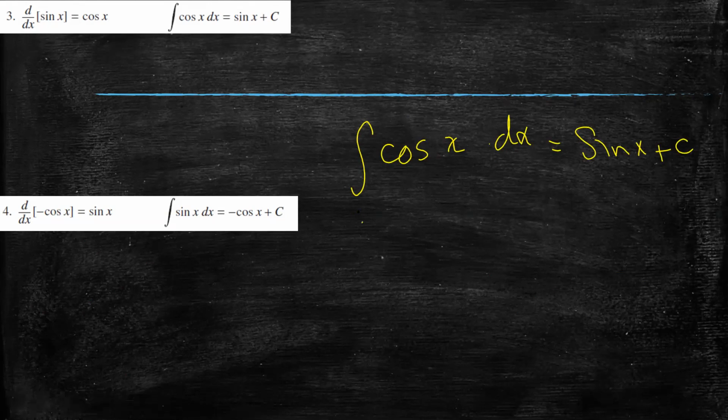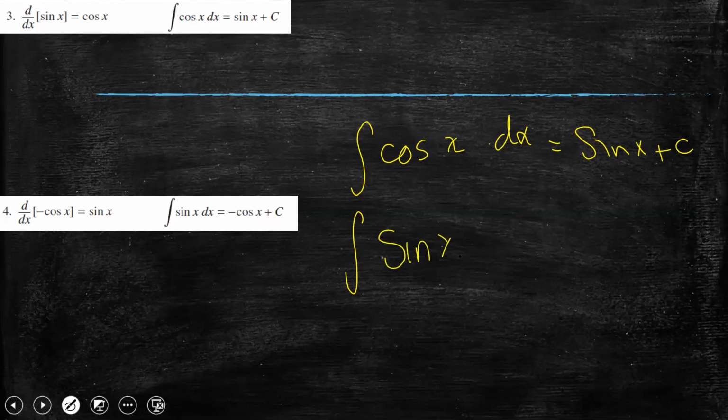And the integration of sine x dx will be negative cosine x plus c. So you can write the techniques of differentiation and then make the opposite, or you can memorize the integration only.